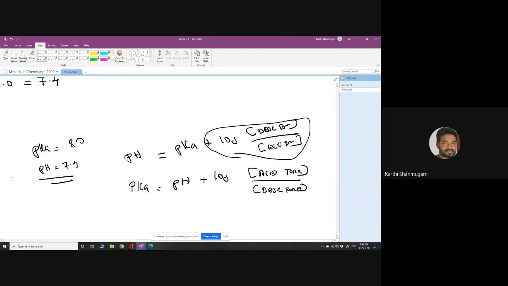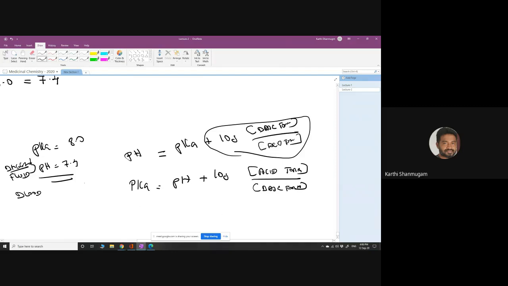So which fluid is having the pH around 7.4? Blood plasma, sir. Blood plasma, right? So if we put this drug molecule in blood, how much percentage of the molecule will be in its ionized state? That's the idea of this calculation.